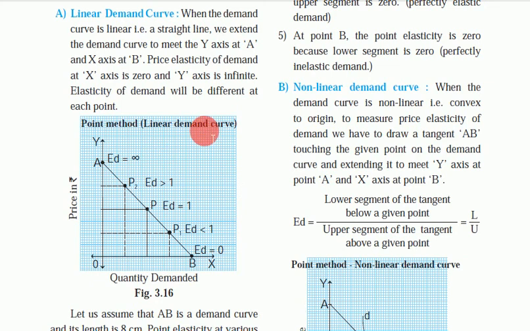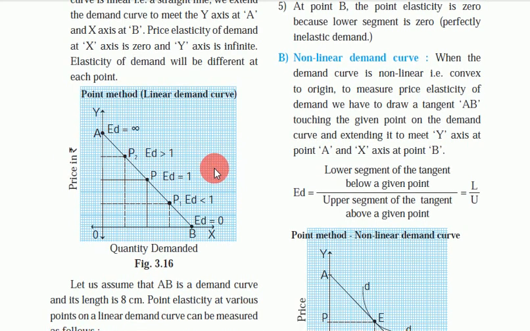Elasticity of demand will be different at each point. These were the different points on the demand curve, and here we can calculate the elasticity of demand at each and every point of this demand curve.